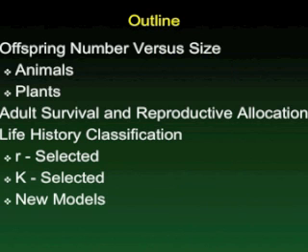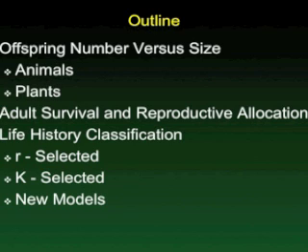As you get into this chapter, you'll see that it's broken up into three main sections. The first section deals with numbers versus size of offspring. So I'll be talking about animals and plants in this section, and then the second section deals with the trade-off between allocation of resources for reproduction and general survival for various types of animals.